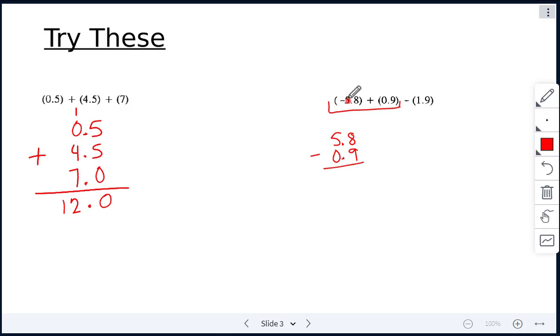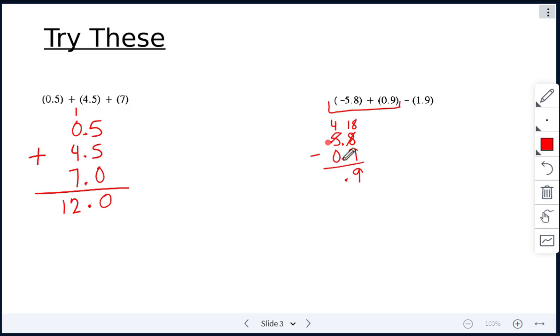When you have two different signs, negative and a positive, we subtract, and then we take the sign of the numerically larger number. All right, so our numerically larger number here is 5.8, so therefore our answer here will be a negative answer. So we're just going to subtract. So this we have to borrow, this becomes 18, and this becomes a 4. So 18 minus 9, that's 9.